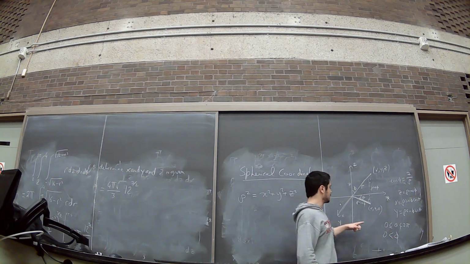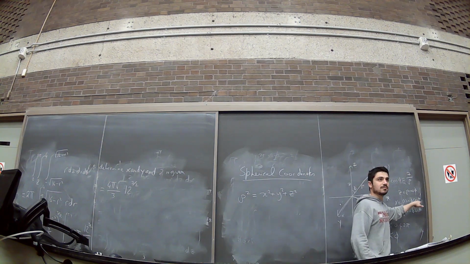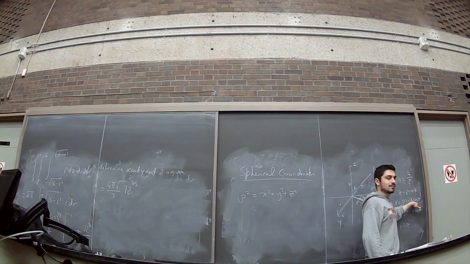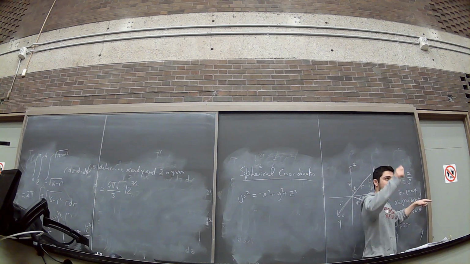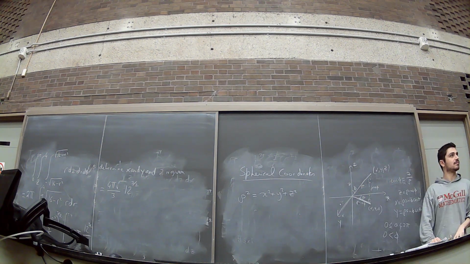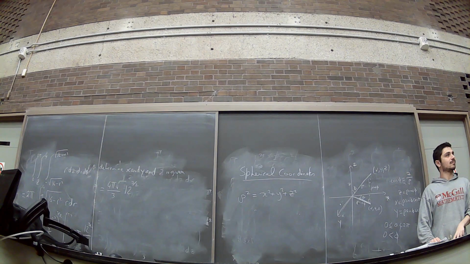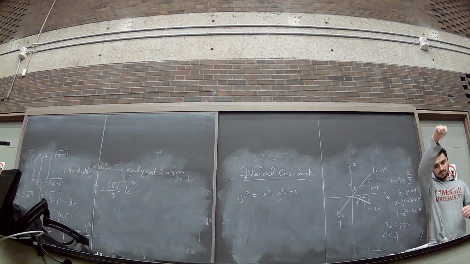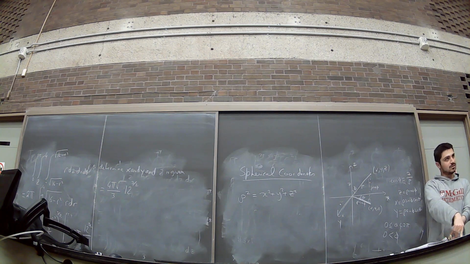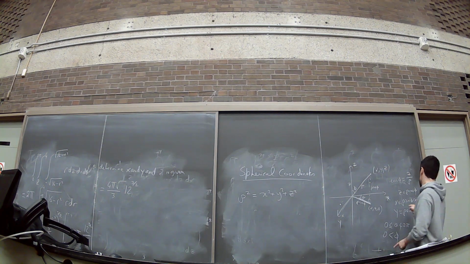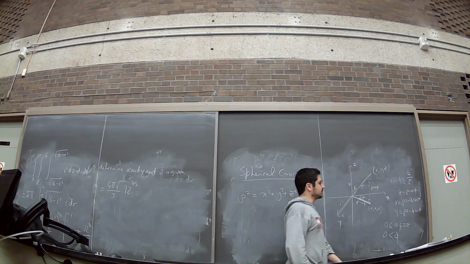So you really specify theta. If you pick its projection, then you specify theta. Pick a point, then you technically specify rho sine phi, and you specify theta.